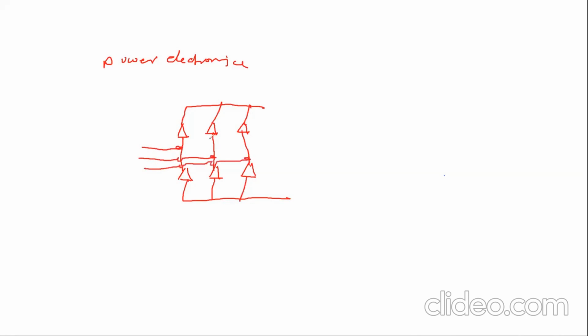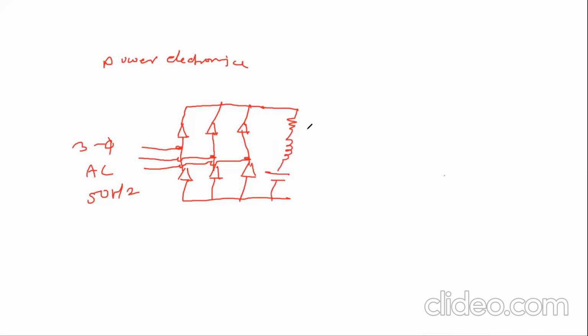Here is the three-phase AC supply of 50 hertz, and it is converted into DC, and the DC is given to a particular RLE load. You have come across such examples when you learned the subject power electronics.